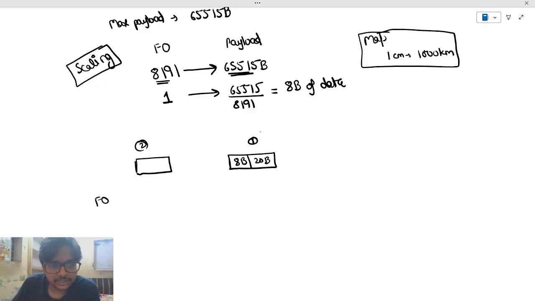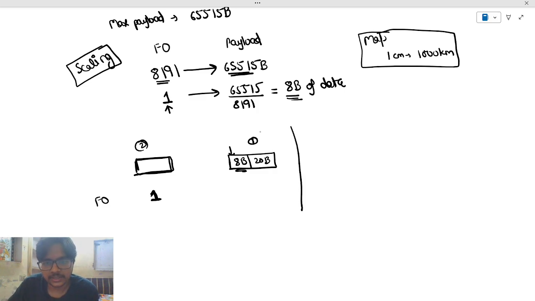The fragment offset for the second one will be 1. In the header we will mention 1, because 1 represents 8 bytes of data. And how many bytes of data have been sent? 8 bytes of data.